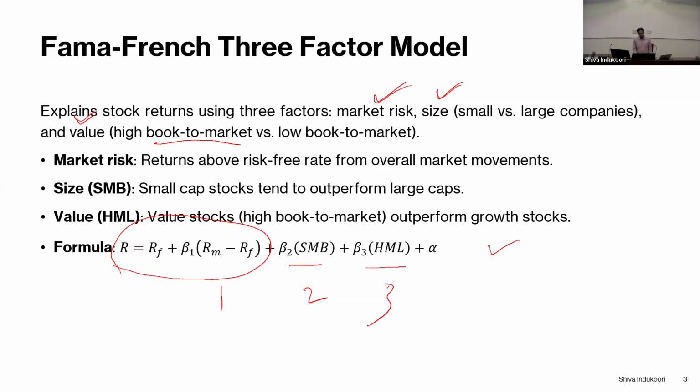This is the Fama French three factor model for you. And the same thing, if you remember, we have seen in the single index model. This is a kind of error term or residual when you run the regressions. And when you run the regressions, you will be getting individual coefficients for these three factors.